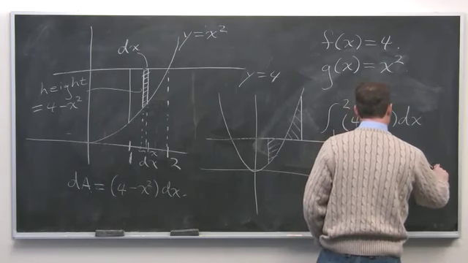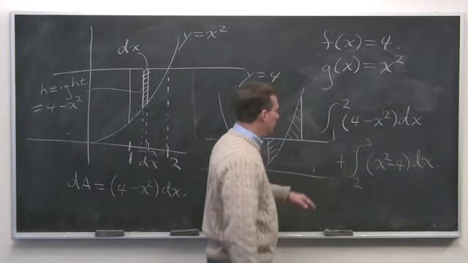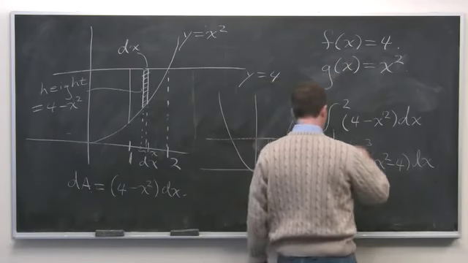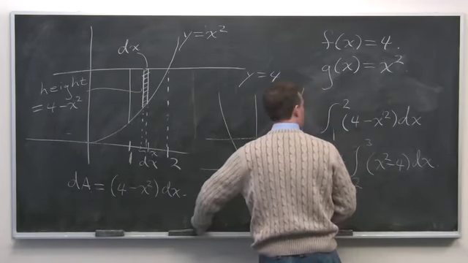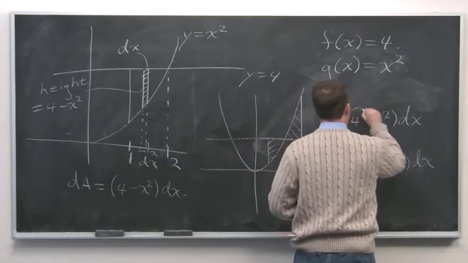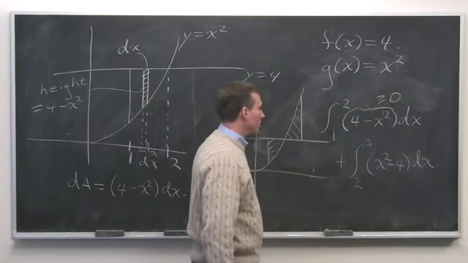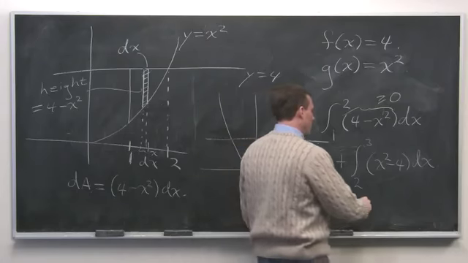Is there one nice formula? So this is if 4 is bigger than x squared. Another way of saying that is that 4 minus x squared is greater than or equal to 0. So that's the same as saying 4 is greater than or equal to x squared over here.